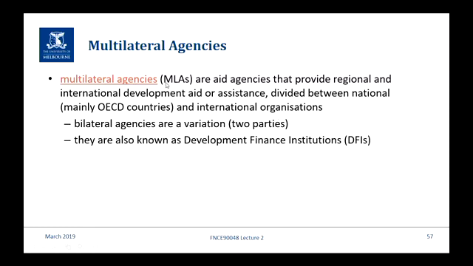So multilateral just means a number of parties. And obviously bilateral is a variation. You might also see the term Development Finance Institutions, DFIs, and these are within the category of multilateral agencies, but they're more focused on finance than some of these. So there's the hyperlink.